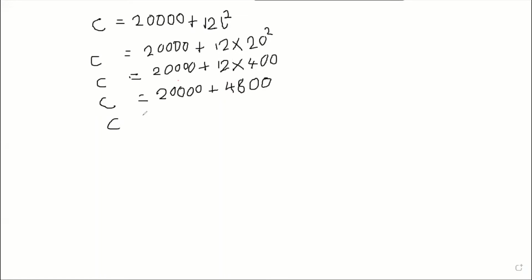Meaning C is equal to 24,800. And since it's the cost, it's in shillings.